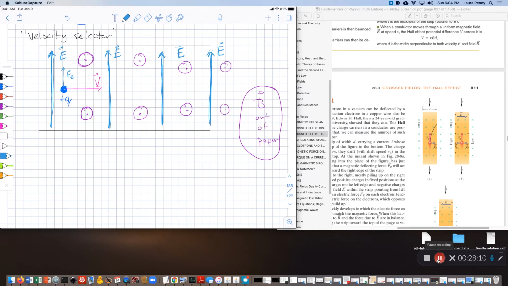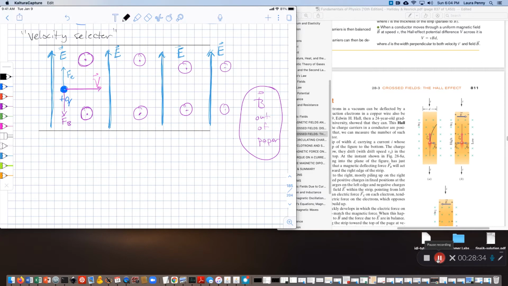And from the magnetic field, I put my fingers in the direction of the velocity, and then I curl my fingers in the direction of the magnetic field, which is out of the board, and my thumb is pointing down. So that tells me that there's a magnetic force pointing downward.